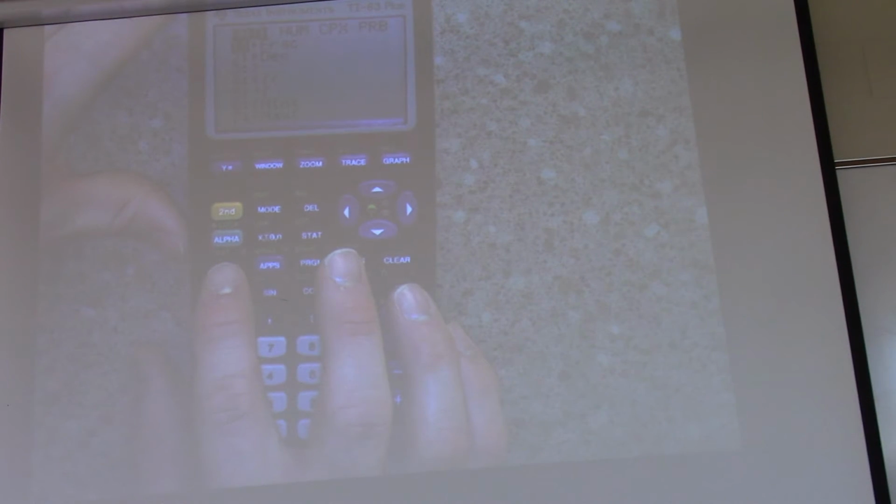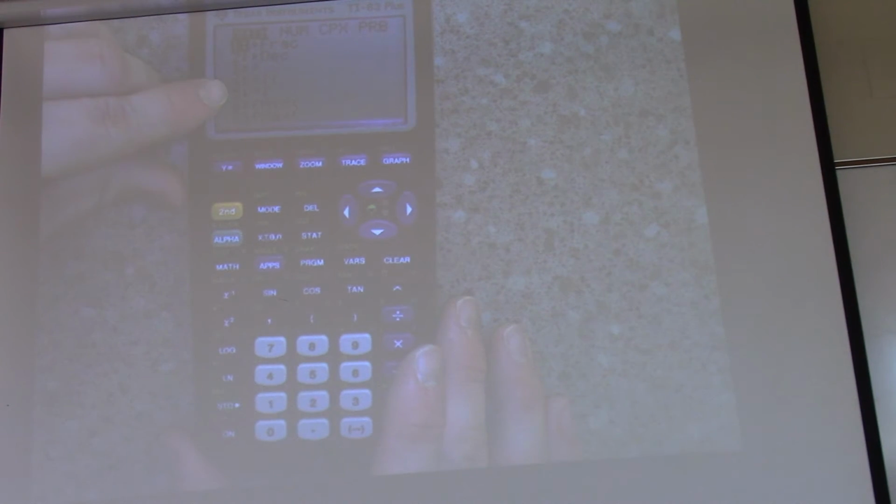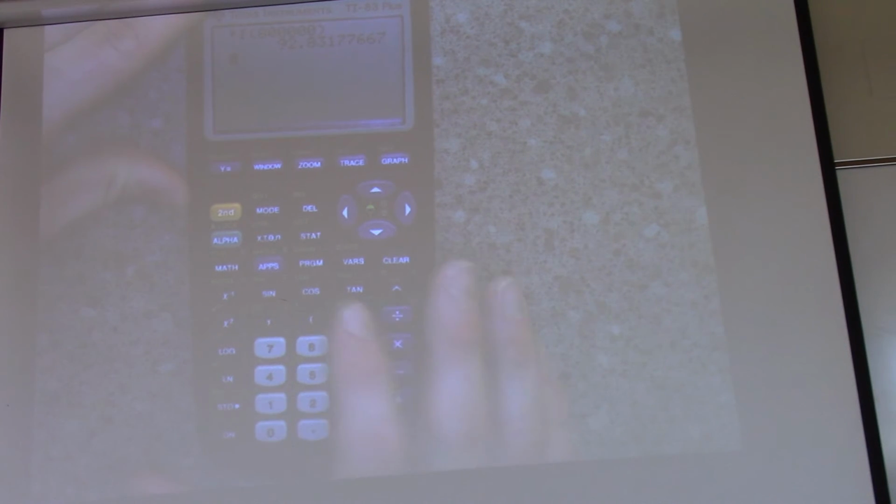If you look down, the fourth choice is cube root. See that, where it says little 3 and then a square root sign? So press 4. And now type in 8 million, 8 with 6 zeros.